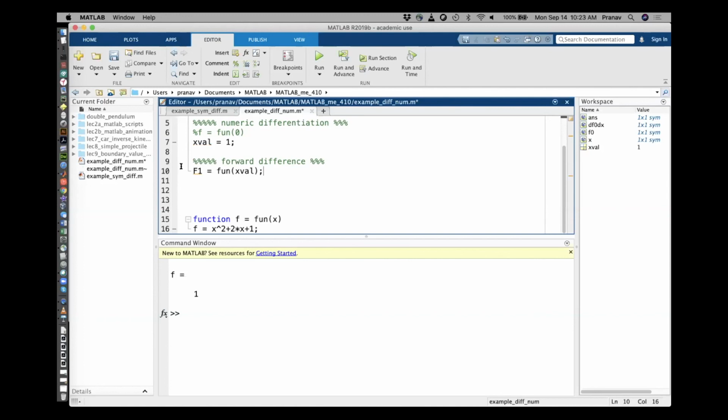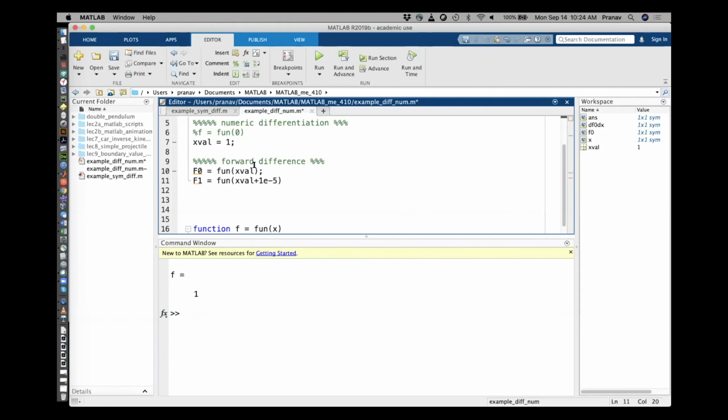So this is finding the value of f at x equals 1, and then f1 equals fun at xval plus a perturbation. In this case, let me choose 1e negative 5.